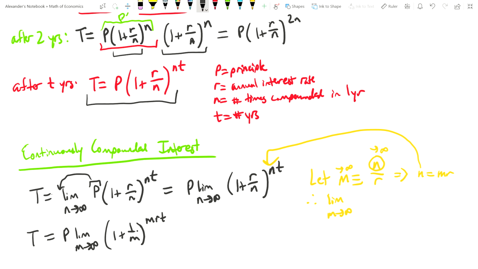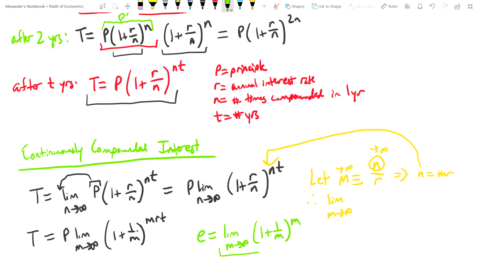Well, the reason is we have this handy-dandy constant called e that shows up literally everywhere. In science, biology, math, meteorology, pretty much every discipline, we have this magical constant, just like pi. And e happens to be the limit as m goes to infinity of 1 plus 1 over m to the m.